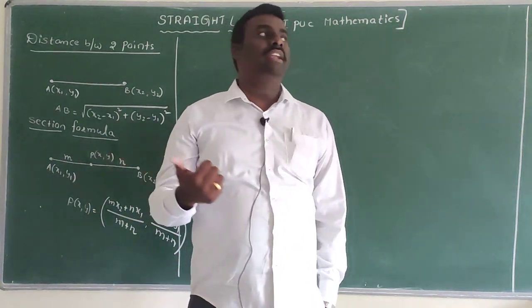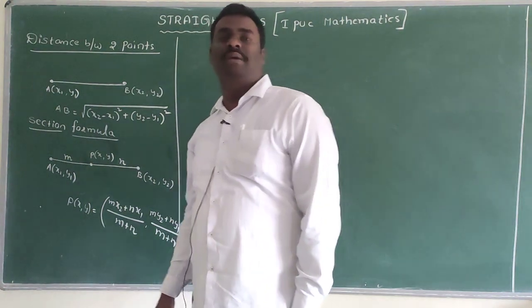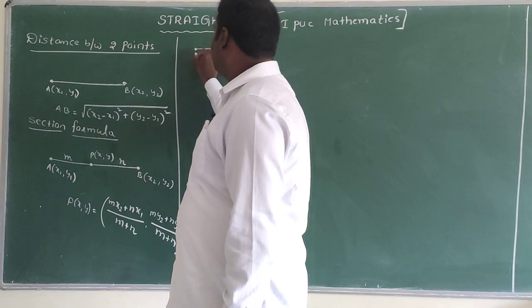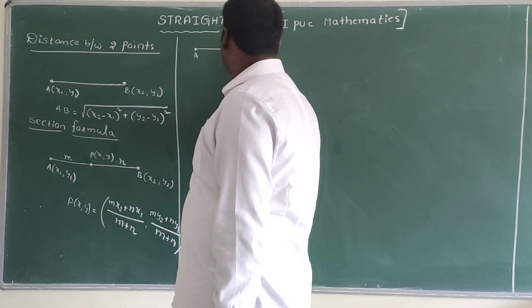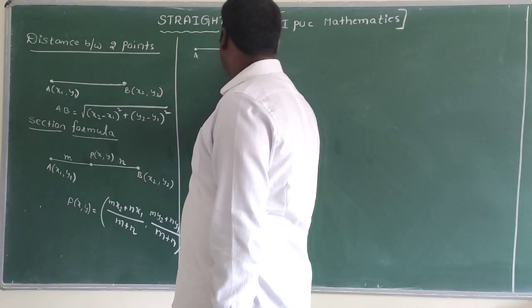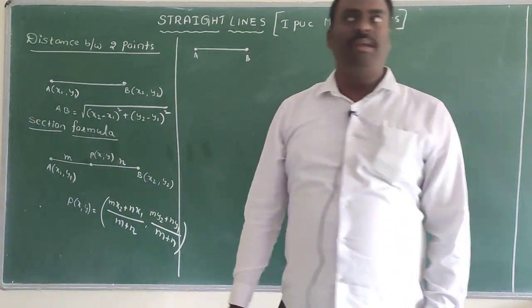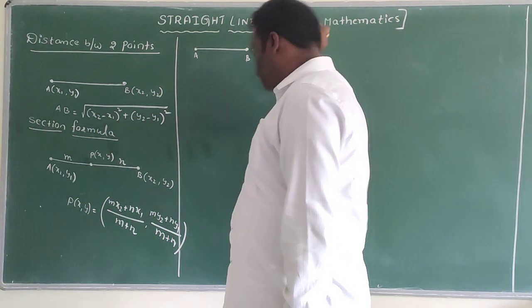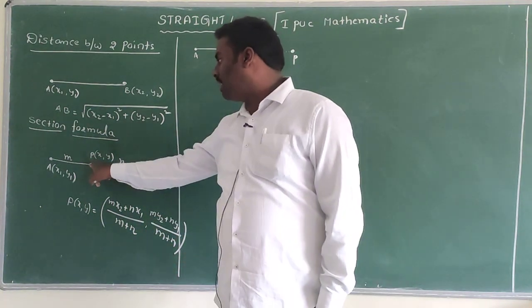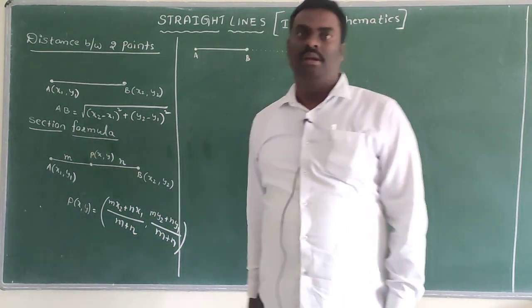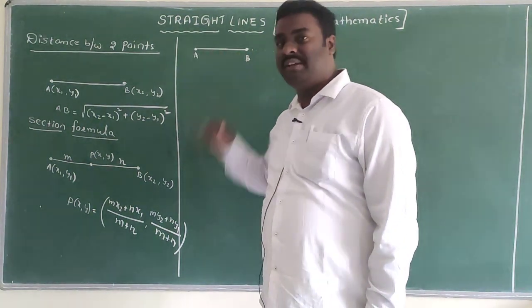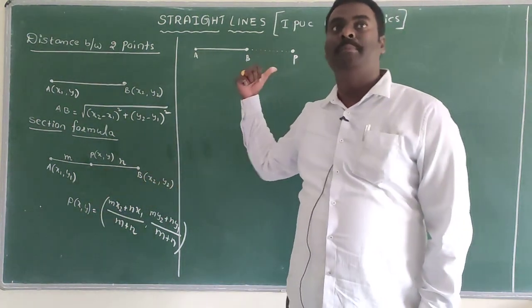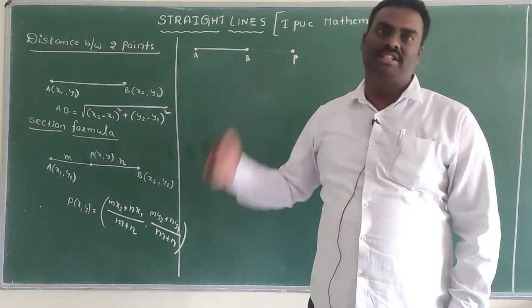So how to find the formula for external division? What is meant by external division? See, listen, if you take the points, this is A and this is B, but here the point P lies outside. In the earlier case the point P lies between A and B. But here the point P does not lie between A and B. That's why here P is called an interior point, and here P is called an exterior point.